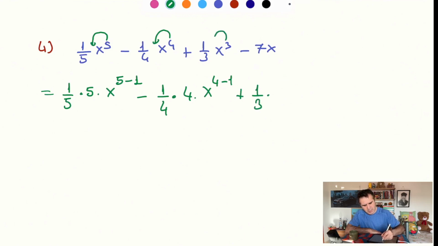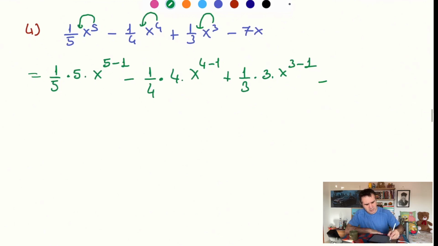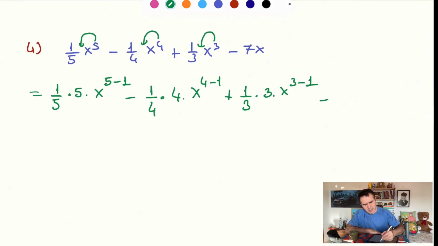Then the exponent will come here as coefficient, 3 times x to the power of, and we will subtract 1 from the exponent, and 7 times x. And here the x vanishes when we take the derivative, and this will become minus 7.